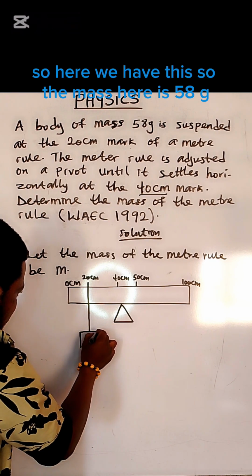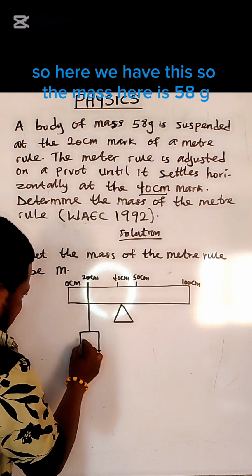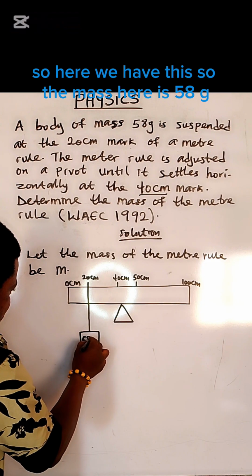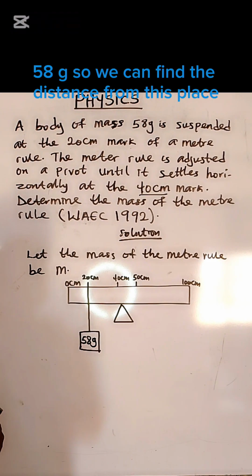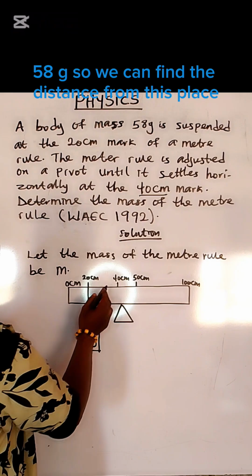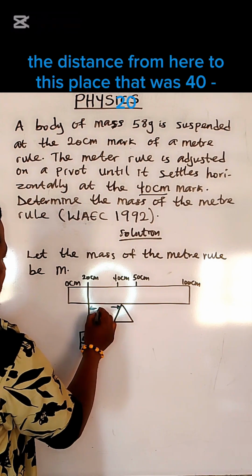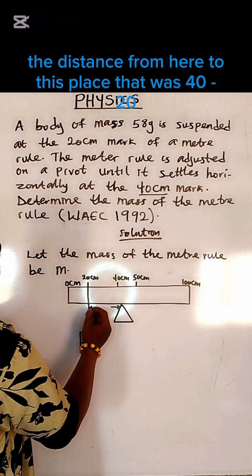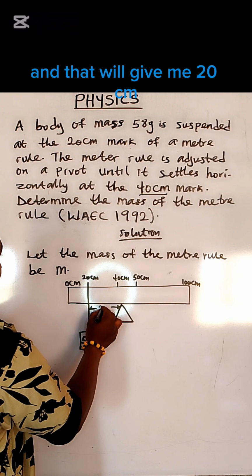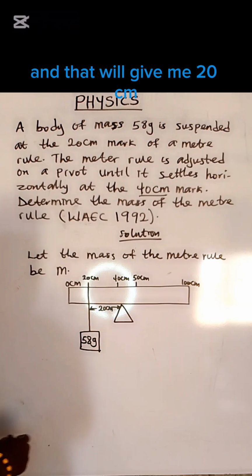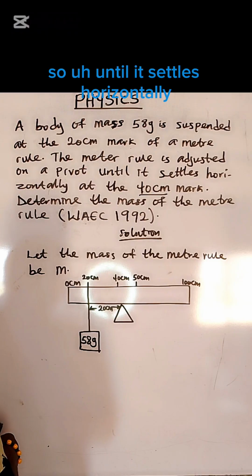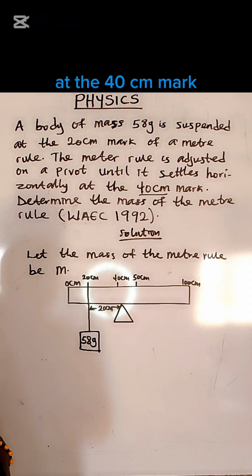The mass here is 58 grams. The distance from here to this place is 40 minus 20, and that will give me 20 centimeter.